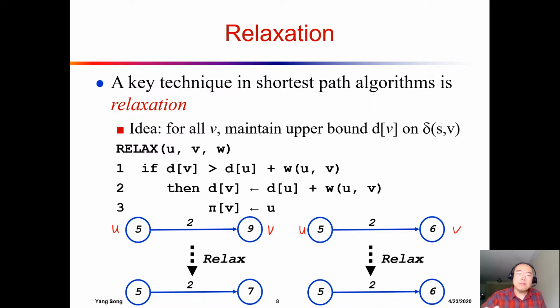However, if we take that way from u to v, the cost will be even higher. So guess what? We don't bother to update v because 6 is a lower cost. We do want to take the lower cost to get to v. So in this case, we have found a possible way to get to u first and then from u to v. But do we want to update the shortest path of v? The answer is no, because the current cost of getting to v is even lower, right?